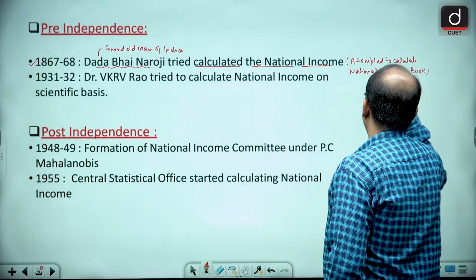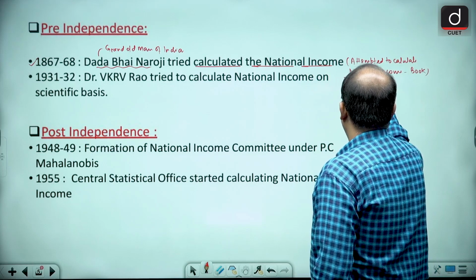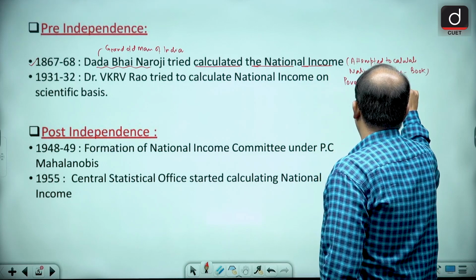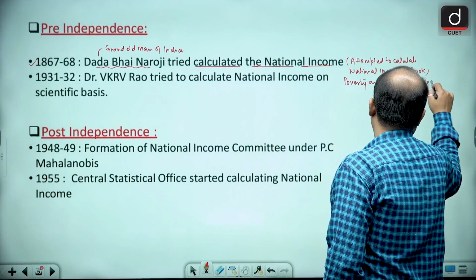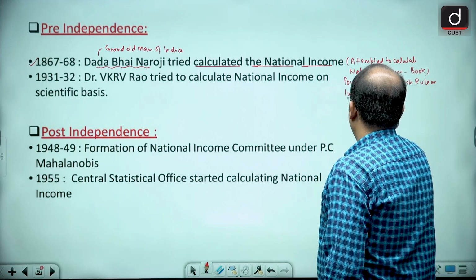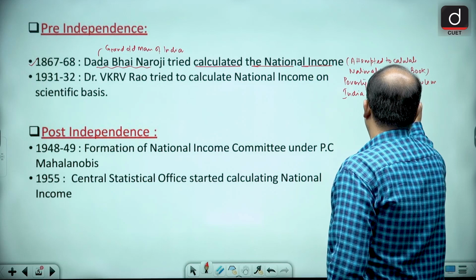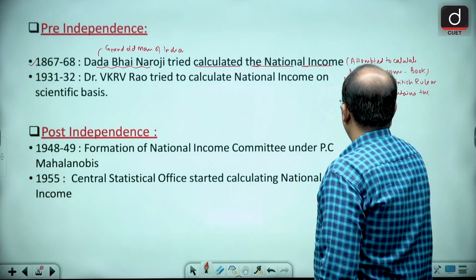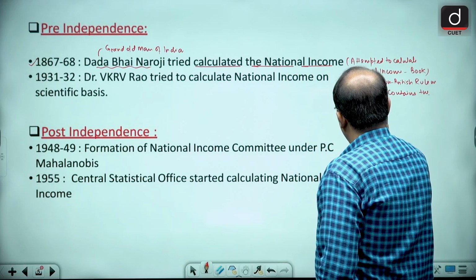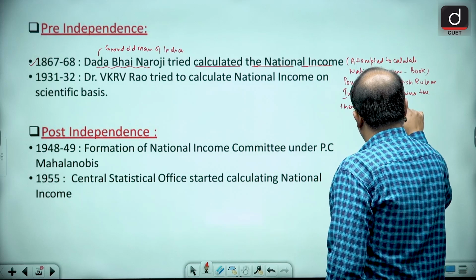And actually guys, the name of the book was Poverty and Un-British Rule in India. This Poverty and Un-British Rule in India contains the theory of drain of wealth.